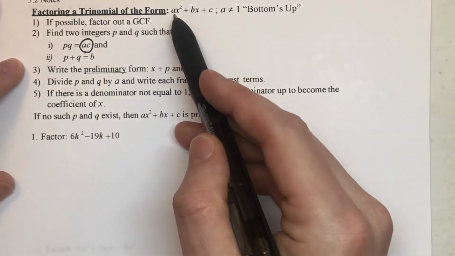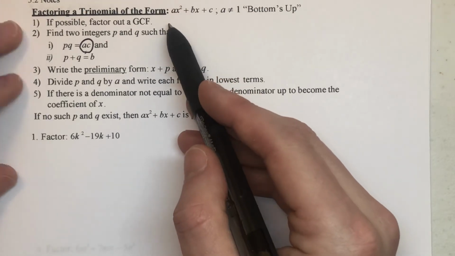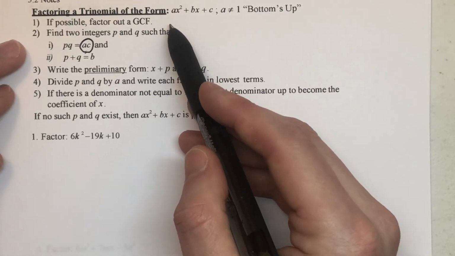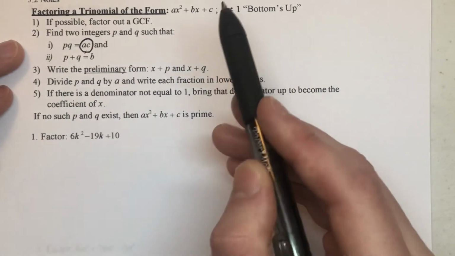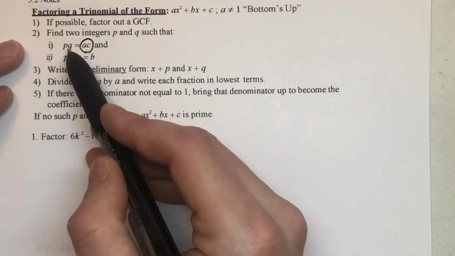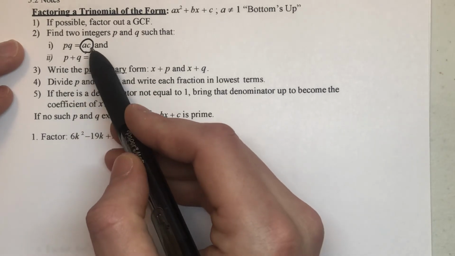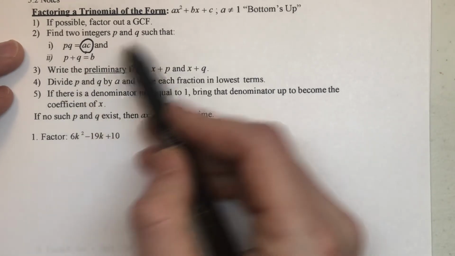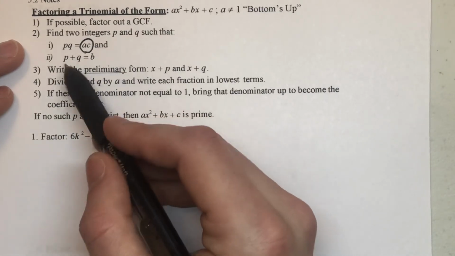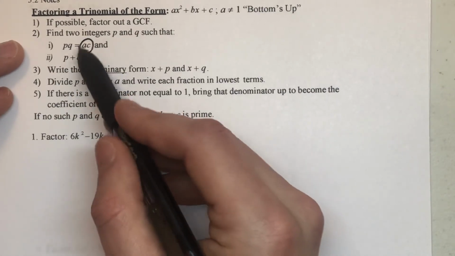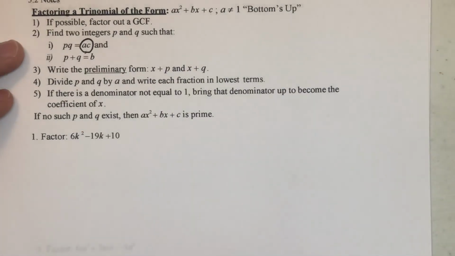That's what I will kind of call the first step of the problem, is determining what a times c is, and then looking for pairs of factors of that number that also add to b. So that's the number game. Two numbers that multiply to something and add to another. It's just that something is a little different than it was in our easy case number game.